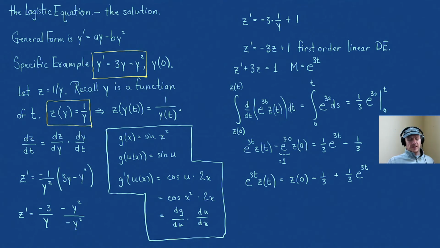The reason I did that is z of 0 is a number, it could be 5 or some other number, 4. And then 1/3 is a number. So let's just put our numbers together and our exponentials together. Our next step now is to multiply all of this through by the reciprocal of e to the 3t. So I'm going to multiply both sides by e to the minus 3t.